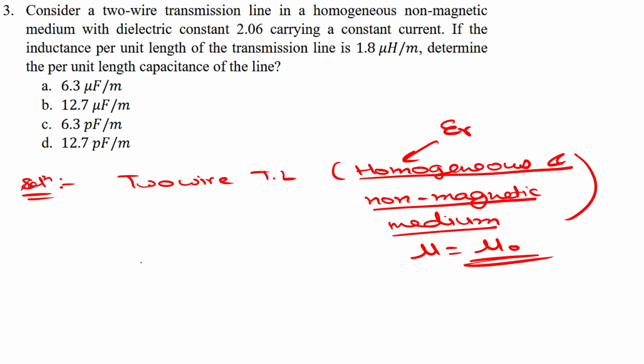Now we know that the multiplication of Le into C is mu into epsilon.